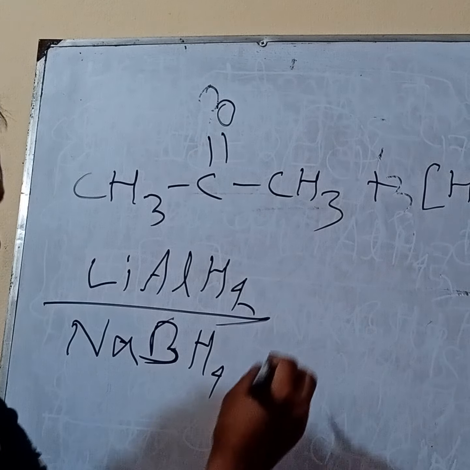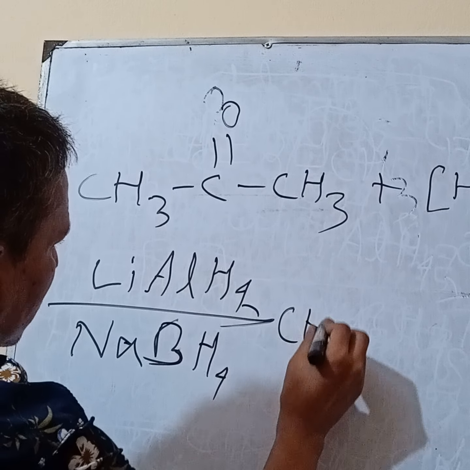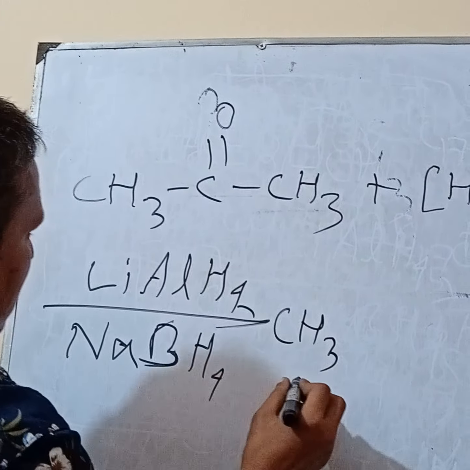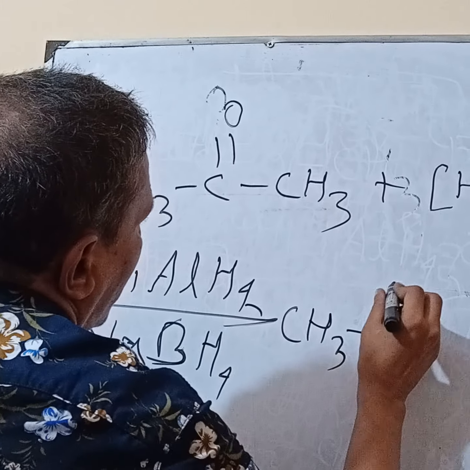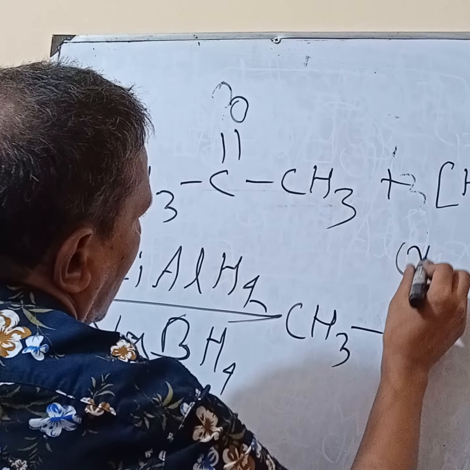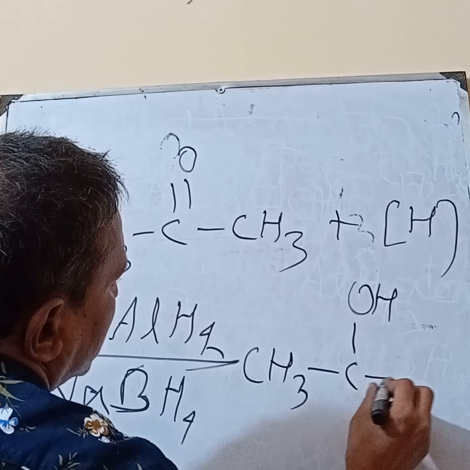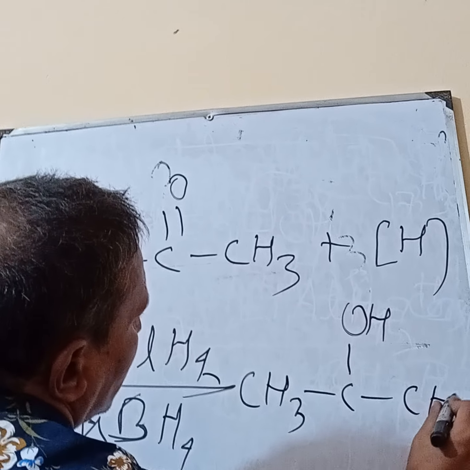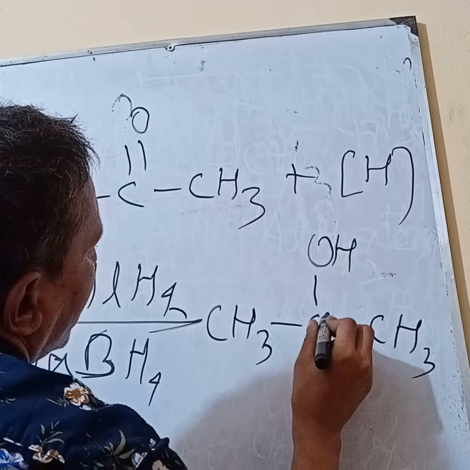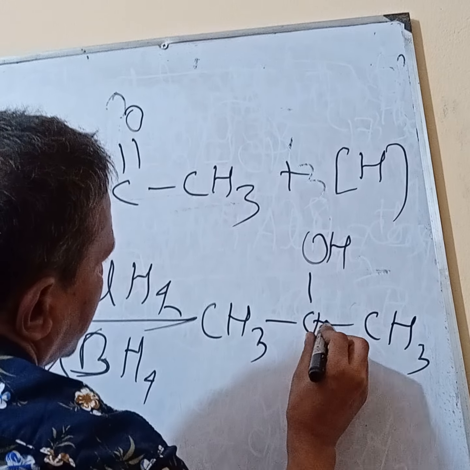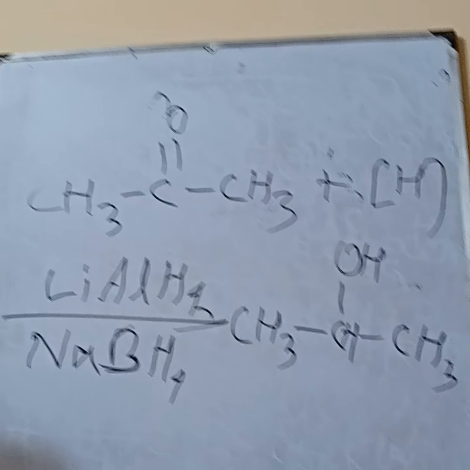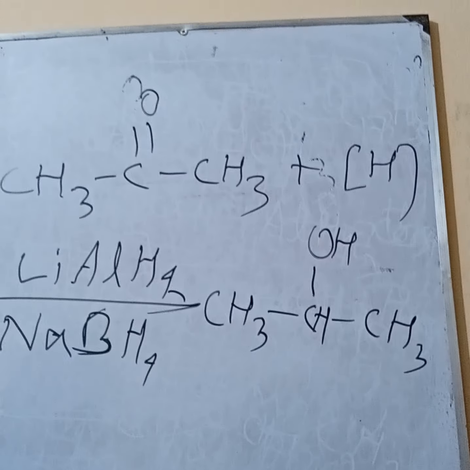How much is needed? What happens? CH3 CO CH3. So there is a needed H. How much hydrogen is needed? Only 2.